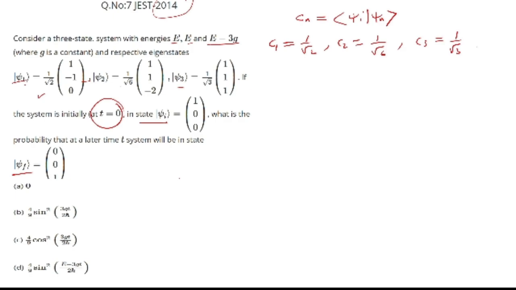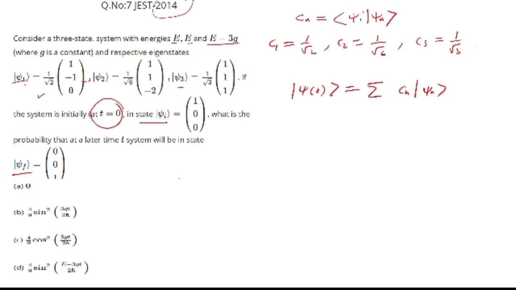So now we can write this state at t equals 0 this way, that is psi of 0 is nothing but a linear superposition of these three states, so Cn psi n.